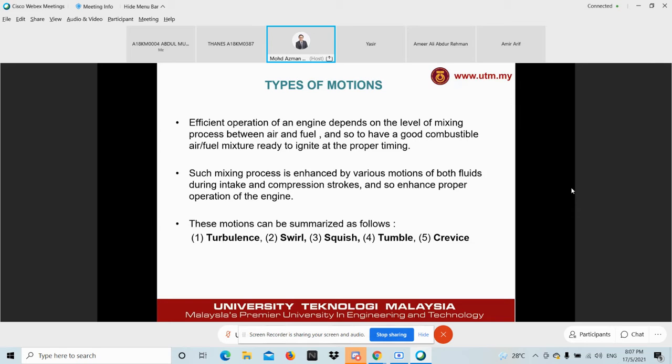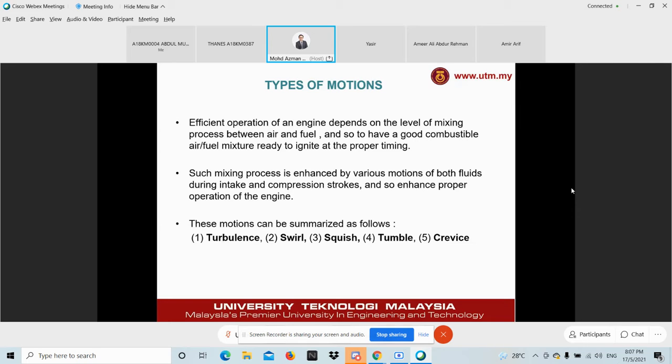So these motions can be summarized as follows. It can be turbulence, it can be swirl, it can be squish, it can be tumble, and it can be crevices.